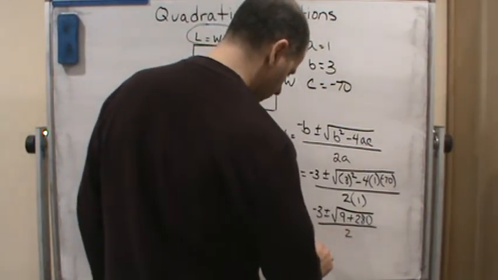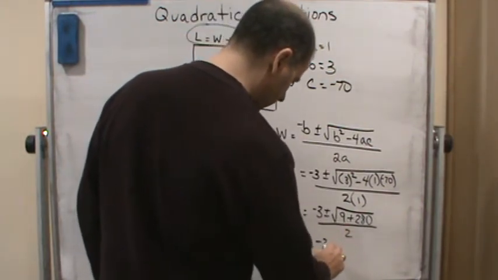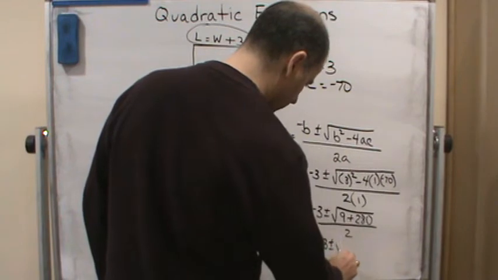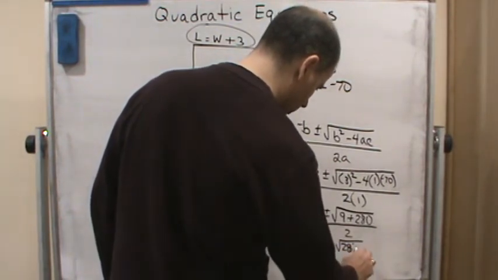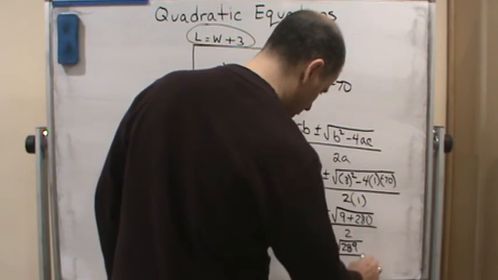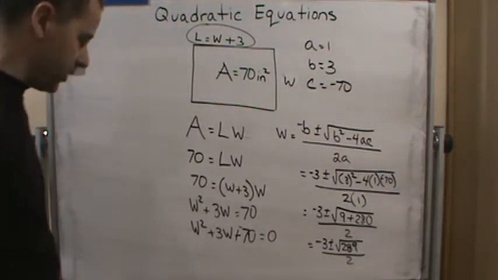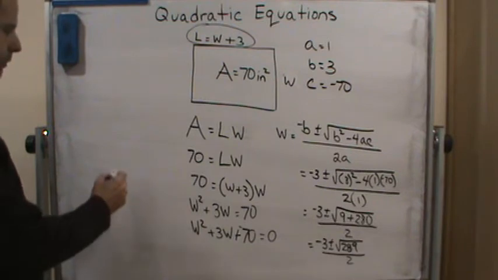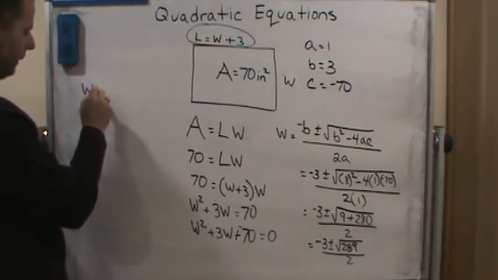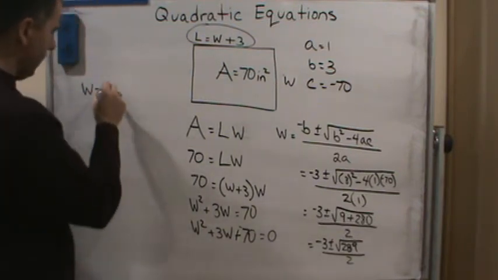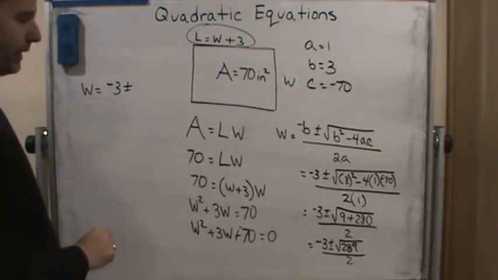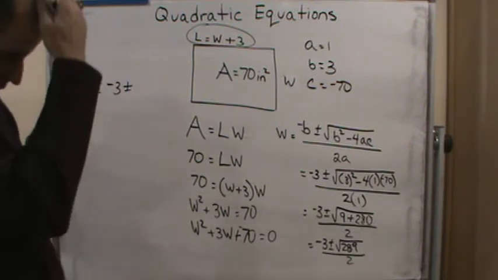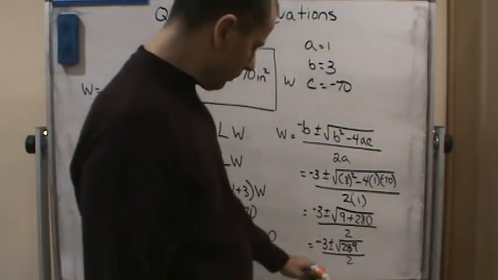So negative 3 plus or minus the square root of 289, over 2. Now 289 is a perfect square, so we're lucking out here. So W equals negative 3 plus or minus, now the square root of 289 is 17.